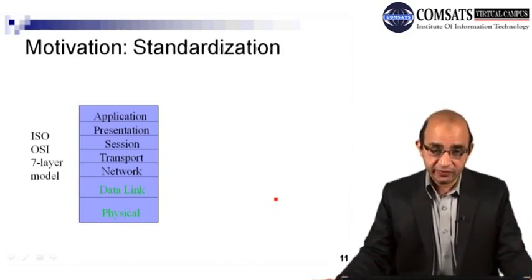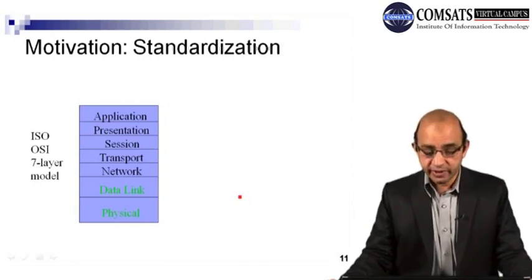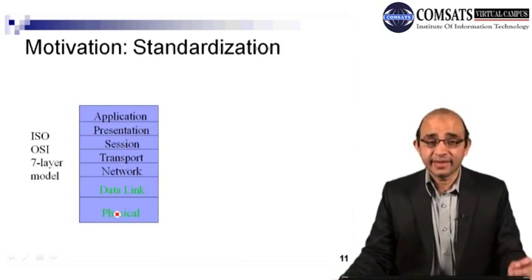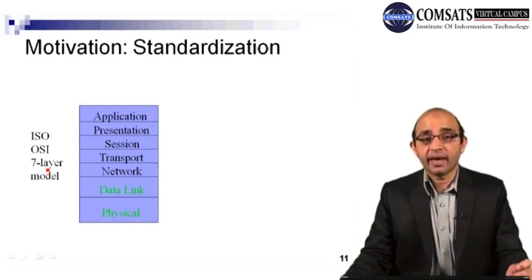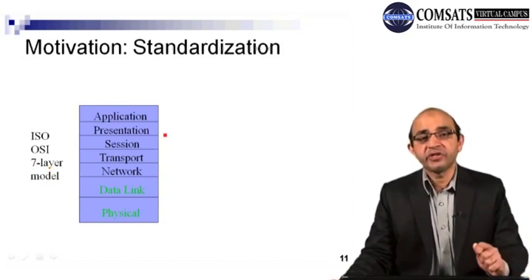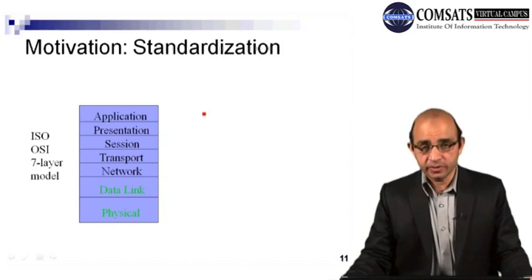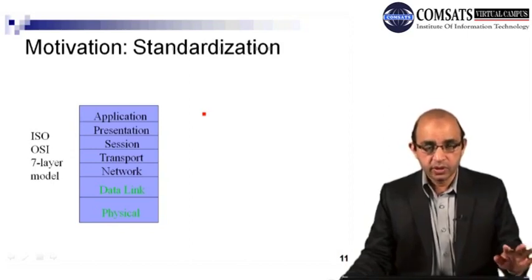At different layers, we have different tasks that have to be performed under the control of certain sets of protocols. So we have application, presentation, session, transport, network, data link, and physical, the familiar and very renowned 7-layer OSI model. This is a very generalized way of defining data communication between devices, either fixed or wired or wireless.